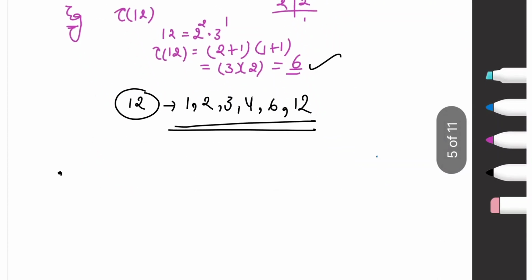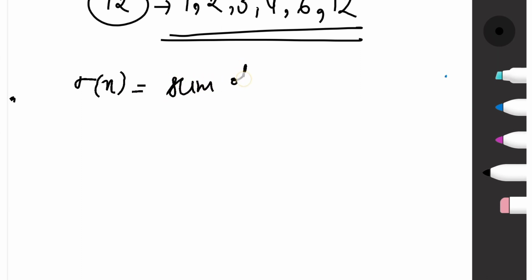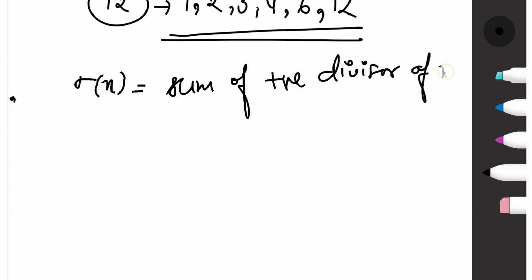Now our next function is sigma n. Sigma n tells us the sum of positive divisors of n. Similarly, we will find the factorization of n. Let's say it's p to the power a, q to the power b, and r to the power c.